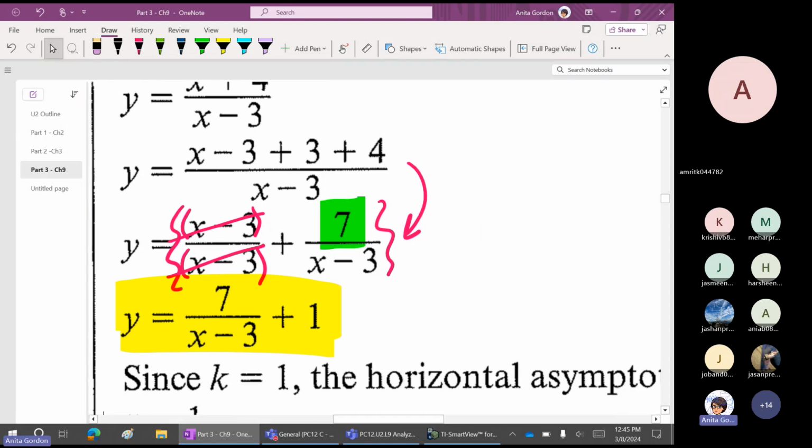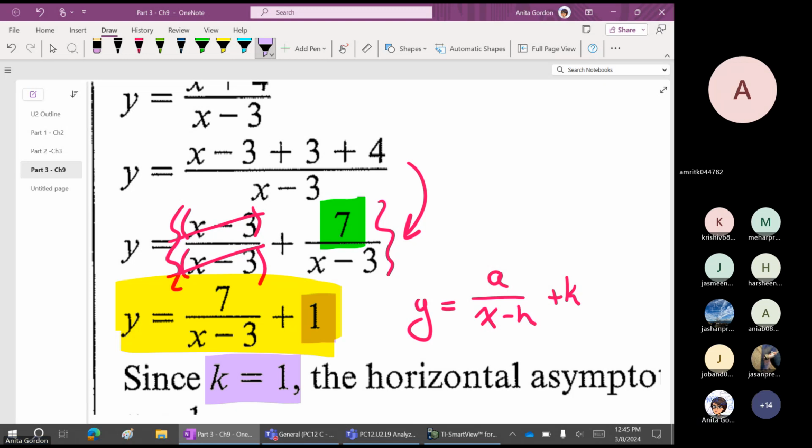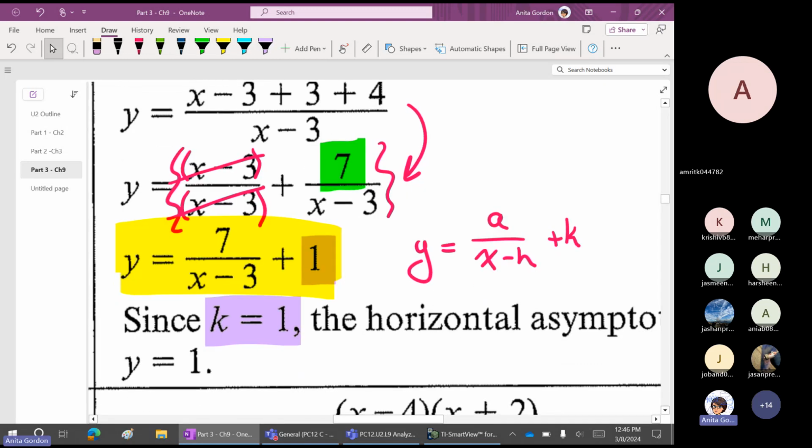Now, if I compare it to my standard form, a over x minus h plus k, I can see that k is 1 and that we have a horizontal asymptote at y equals 1. And I can see that h equals 3, which means I have a vertical asymptote at positive 3.